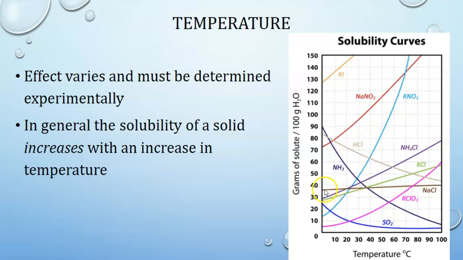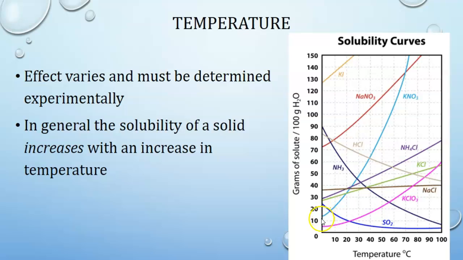Sodium chloride is this brown line that looks almost straight. So at 0 degrees Celsius, which would be this part of the line, the solubility of sodium chloride is about 36 grams in 100 grams of water. If you go over to 100, the solubility only goes up to about 40. So that's only about a 4-gram difference in going from 0 to 100.